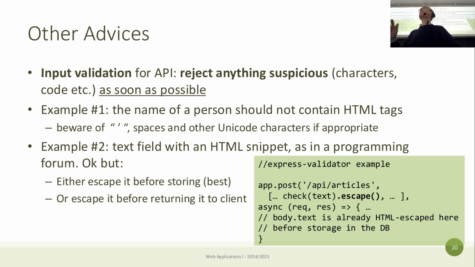Otherwise, you need to escape things every time you send back to the user, and there can be multiple APIs, multiple places where you do it. And if you only forget in one place, the attacker will find that place. As you saw, it's quite simple. .escape actually modifies the content of the text, and then the body text becomes safe.